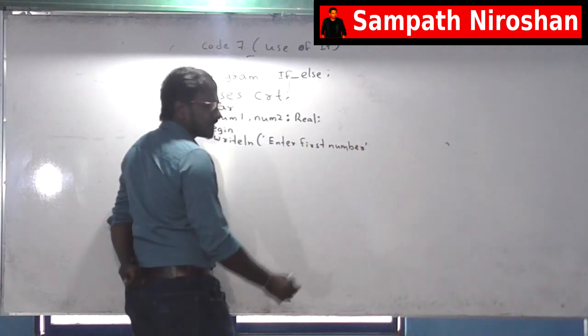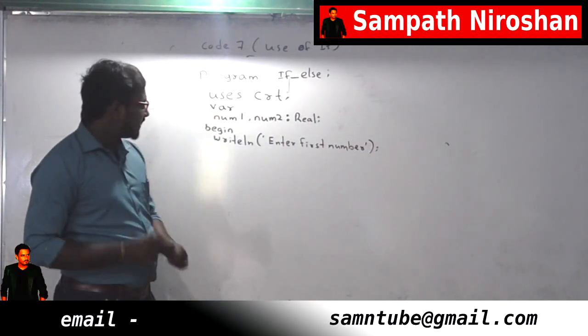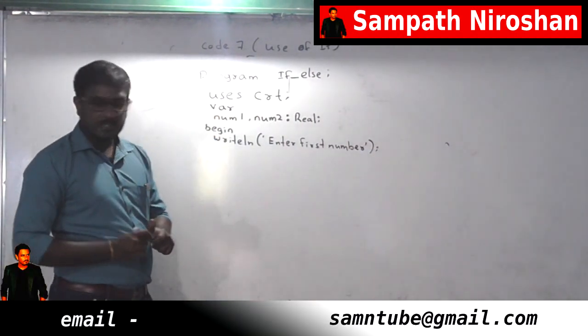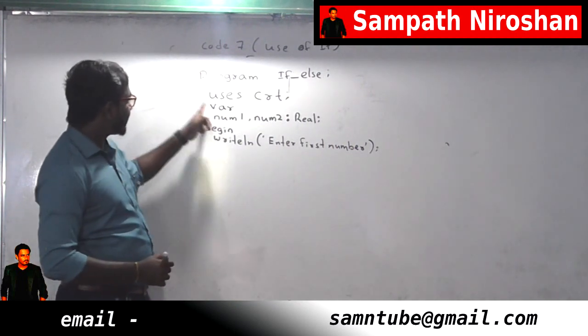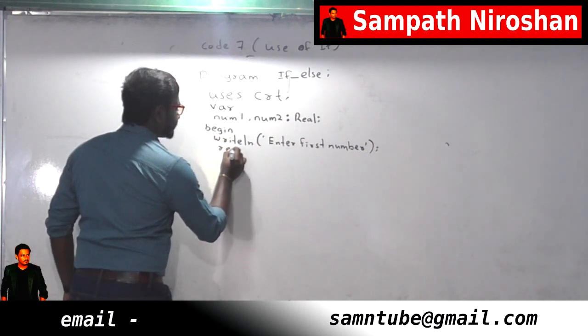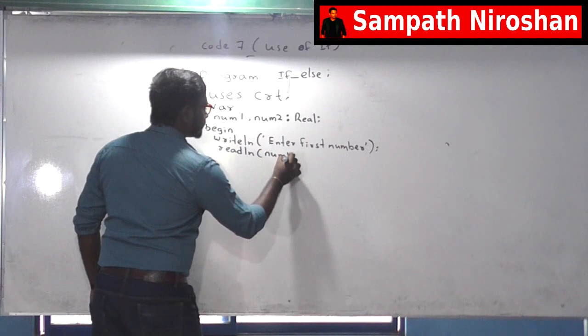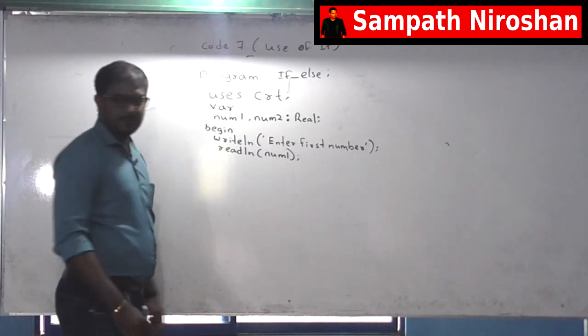Enter first number, that's it. So you can end the code. Now at this point he is going to enter the number, so you're going to hold that value inside num1. So you write readln(num1). Now num1 is getting the value.